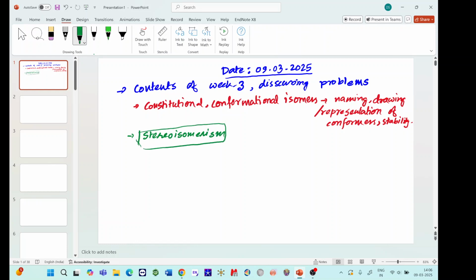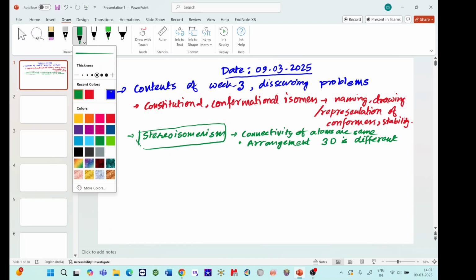So what is stereoisomerism? The connectivity of atoms is the same, but the arrangement in 3 dimensions is different.